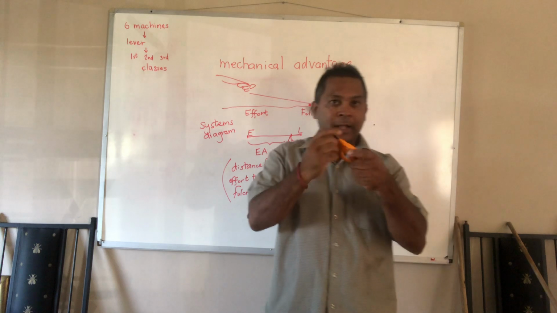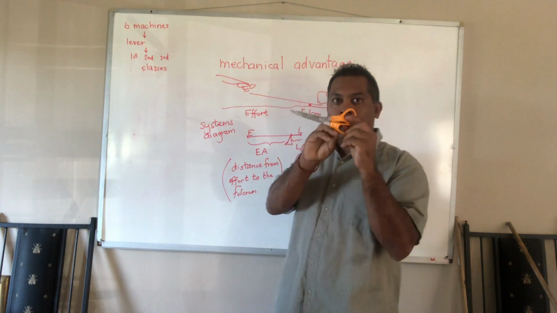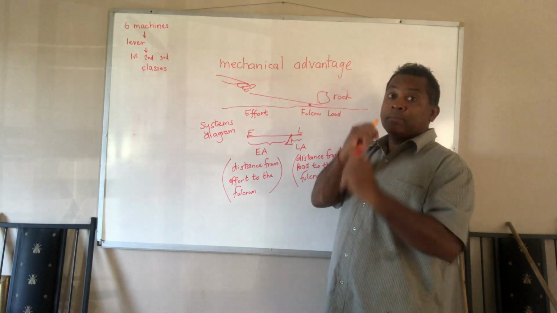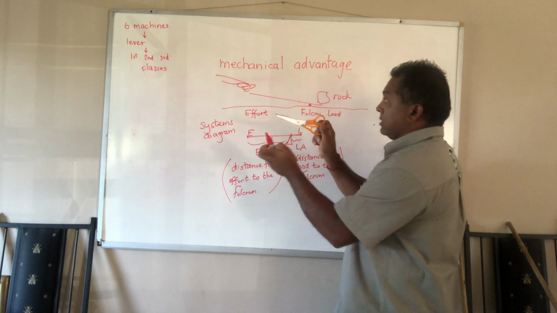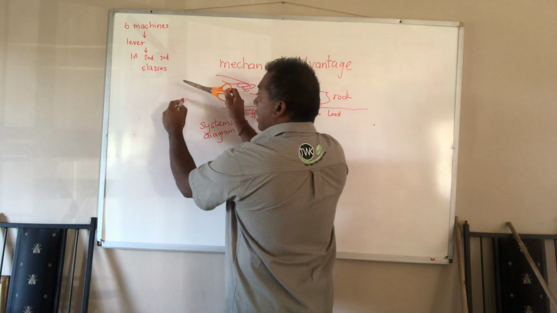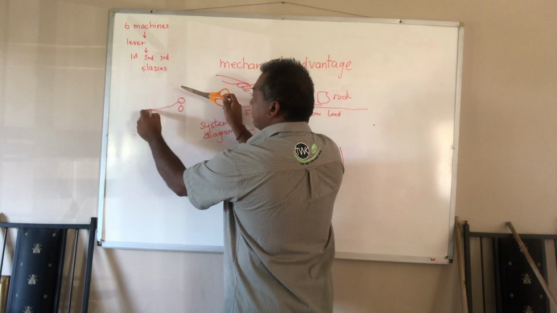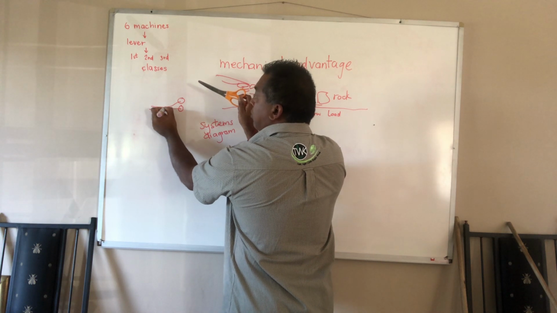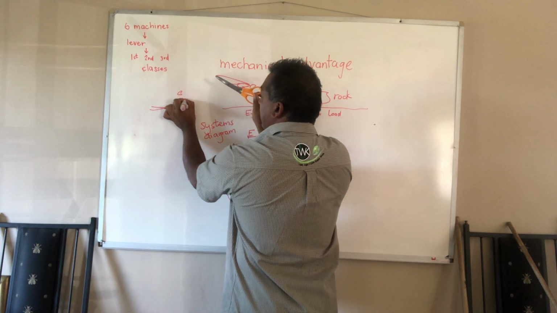I'm going to take a scissor. To show you what the scissor is all about in terms of a system diagram, let's look at it from the side. Here is the scissor. That part is the turning point. That's where my fingers would go.